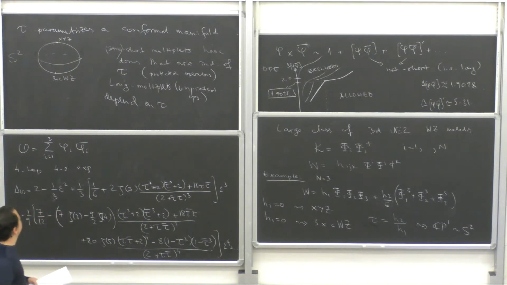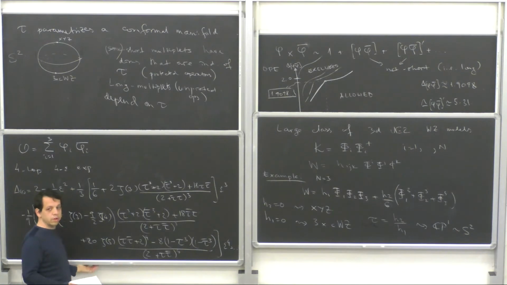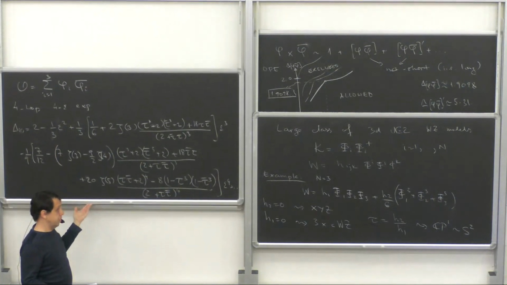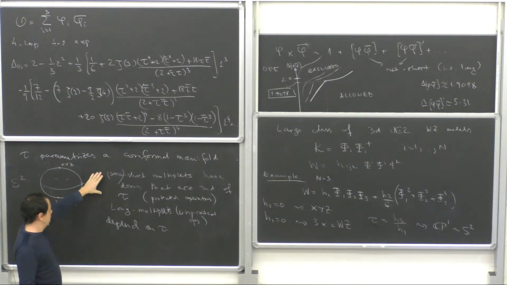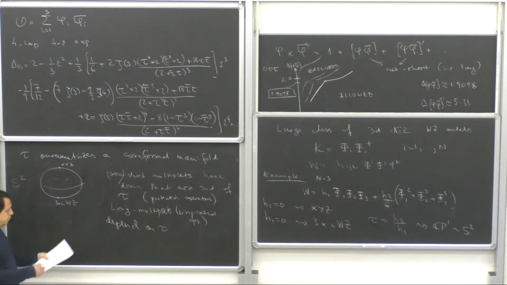One thing I should inform you is that what I said about the short and the long multiplets is actually a little bit of a lie, but as usual it is morally true. It could happen that there is a spectrum rearrangement. As you vary this parameter tau, 2 short multiplets, semi-short or short, have their dimensions conspire such that they can form a long multiplet.